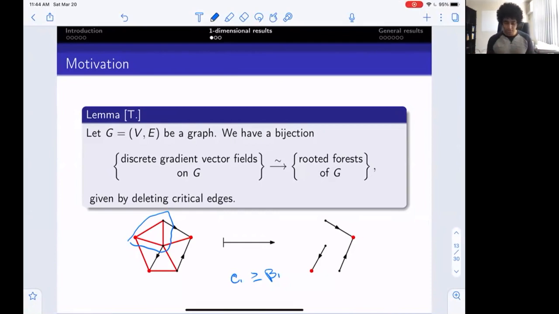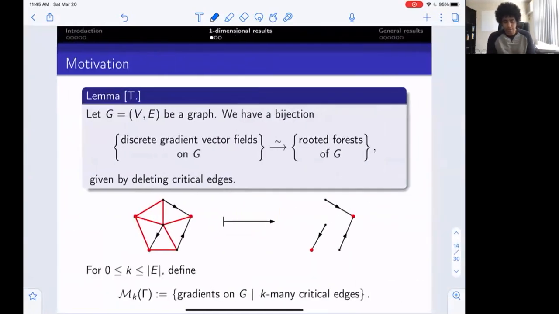Furthermore, after you've deleted the critical edges, all these trees have Euler characteristic equal to 1 and no critical edges, and the other weak Morse inequality says there should be a critical vertex. Then by the rules of a gradient, you're forced to point all your arrows towards that critical vertex. That's how you get this bijection with rooted forests of your graph. We can refine this and state it more precisely.